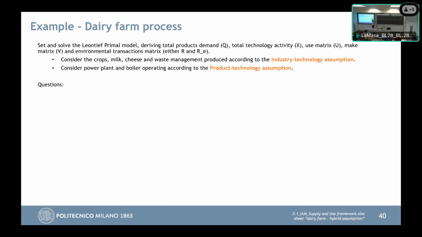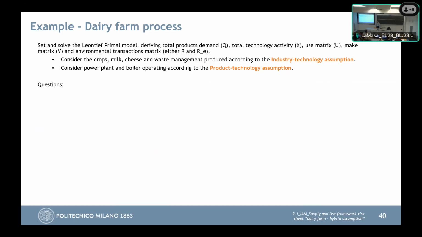Now, last part: set and solve the Leontief primal model, deriving total product demand, total technology activity, use matrix, make matrix, environmental transactions, either big R and RE, considering that crops, milk and cheese and waste management are produced according to industry technology. We discussed this previously.